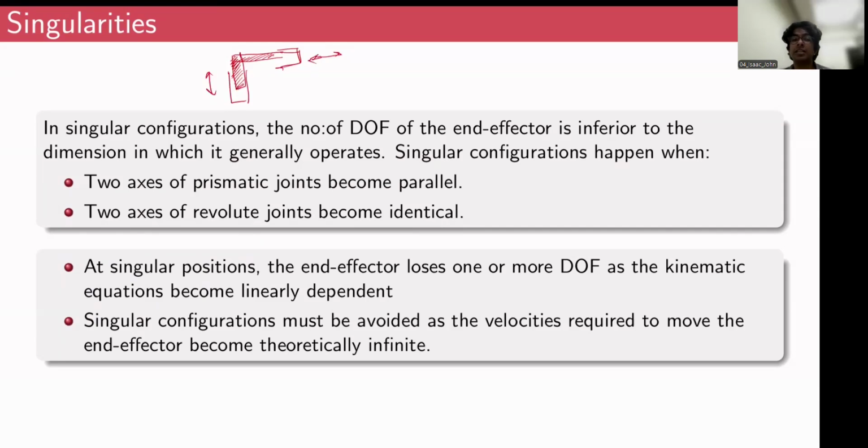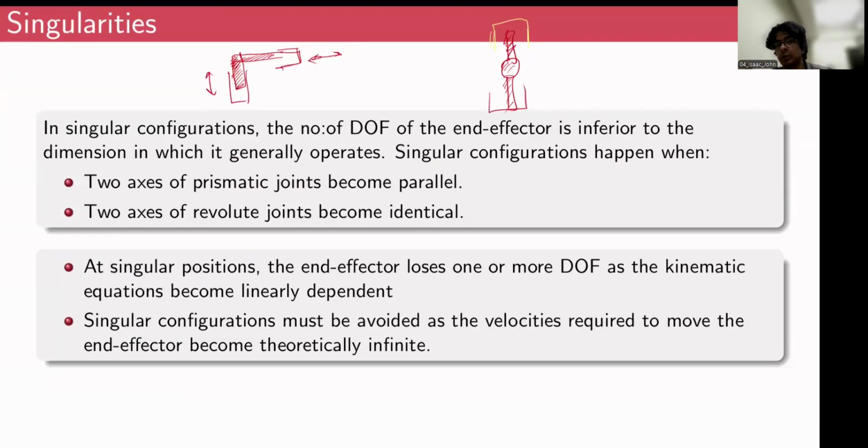And maybe in some configuration, these two prismatic joints align, maybe vertically up. Maybe in some instance, there are several joints here, and the second prismatic joint will also align like this. So irrespective of whether you actuate the first prismatic joint or the second prismatic joint, you will still get the same degrees of freedom, right?